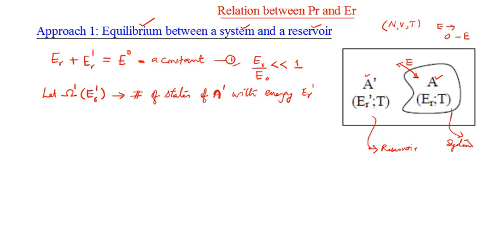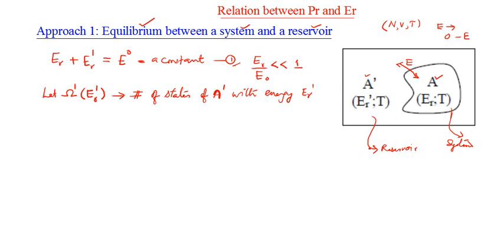Hope you remember, we have seen which macro state will have the highest probability. We had concluded from our throwing two dice experiment that if any particular macro state has a large number of microstates, then that macro state will have the highest probability.